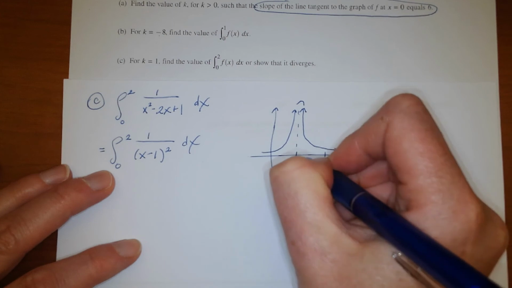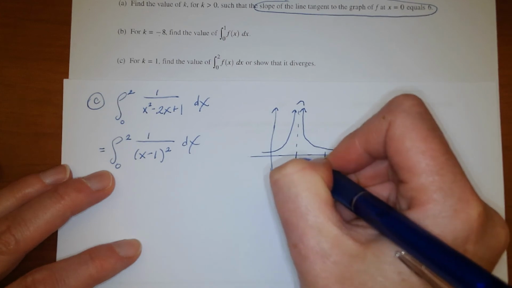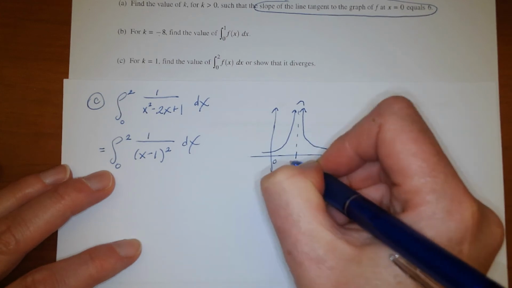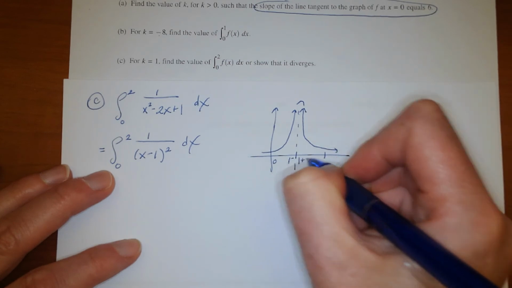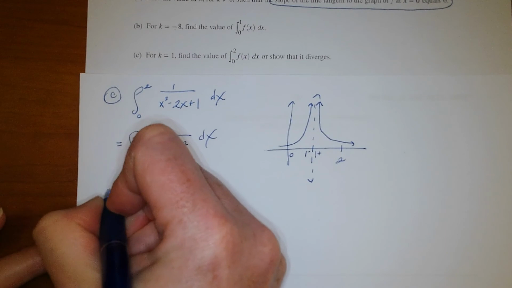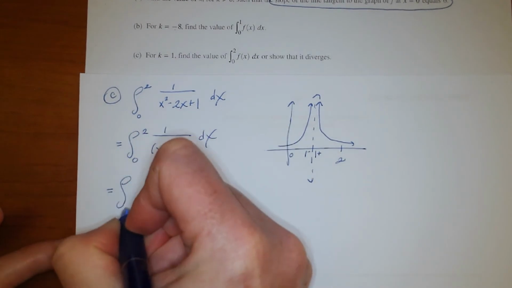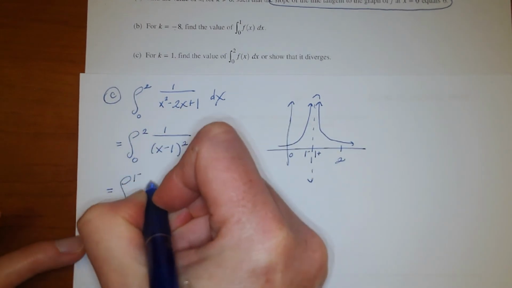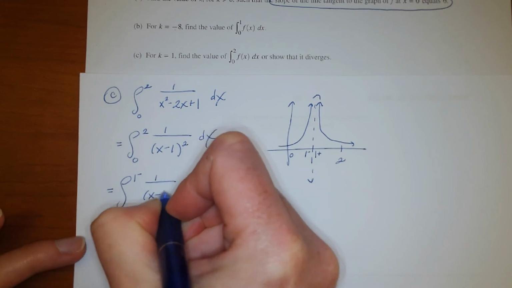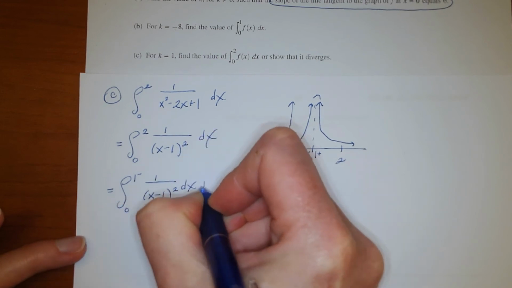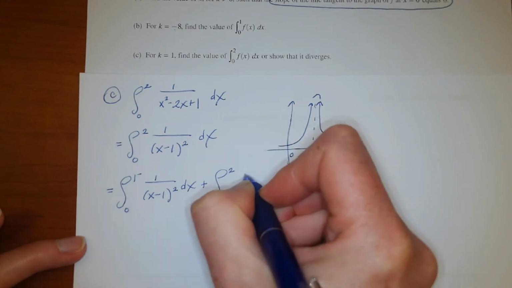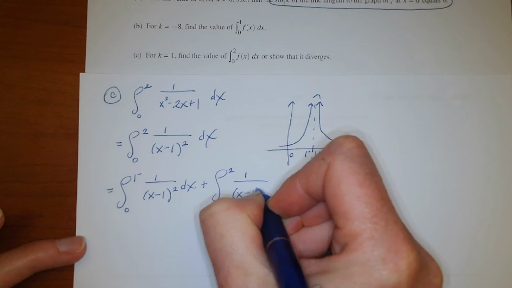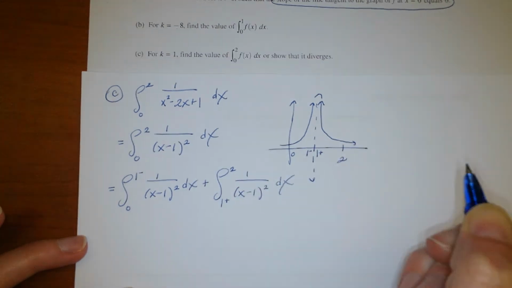So we're going to have to split it into 2 integrals, one going from 0 to 1 from the left, and one going from 1 to the right to 2. So let's look at that. So this would be equal to, like so.